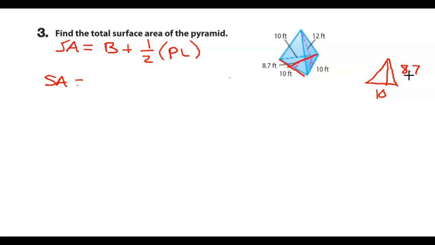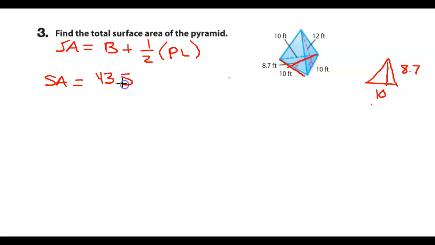Okay, so to find the area of the base, we're going to do 1/2 base times the height. So let's do 1/2, 10 times 8.7. If you want to make it a little easier, you can do 1/2 of 10 and get 5, and you can do 5 times 8.7. So when we do that, we're going to get 43.5.